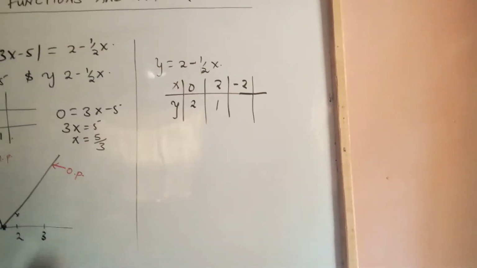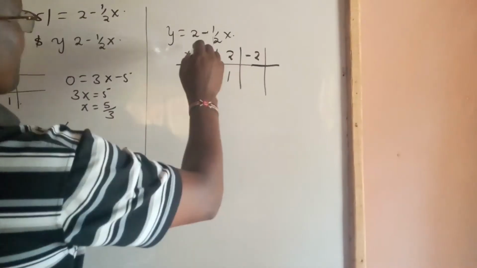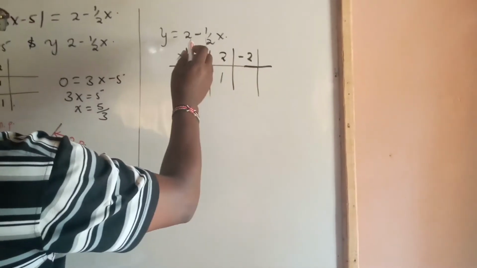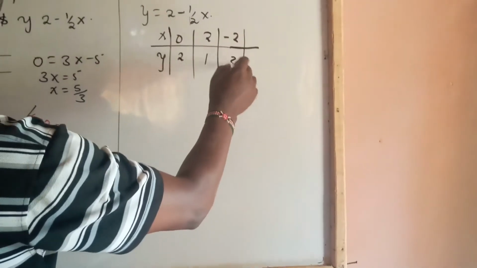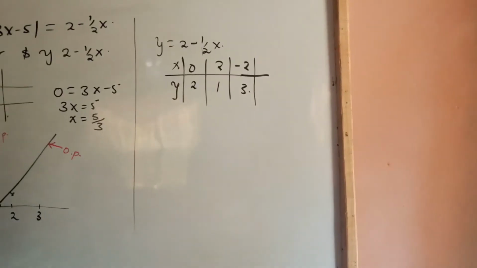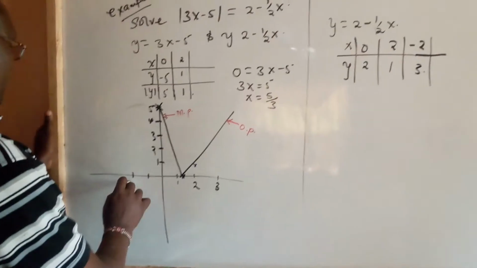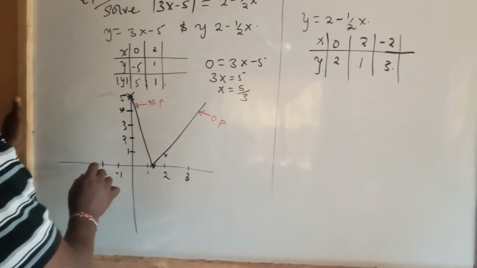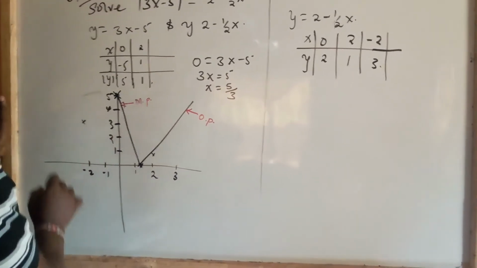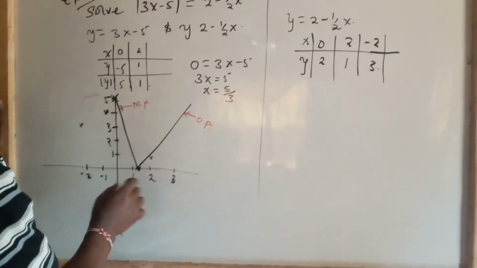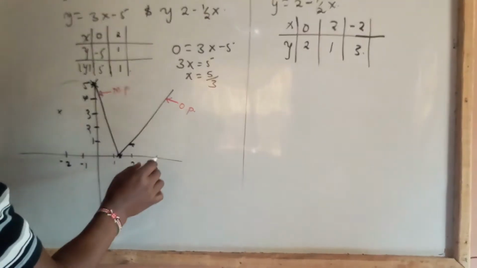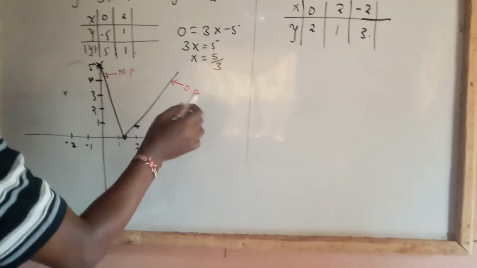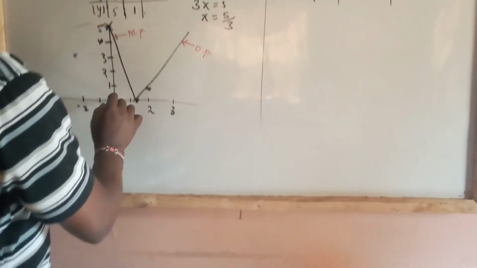When x is -2, 2 minus -1 gives 3. So when x is -2, y is positive 3, when x is 2, y is 1, and when x is 0, y is 2.